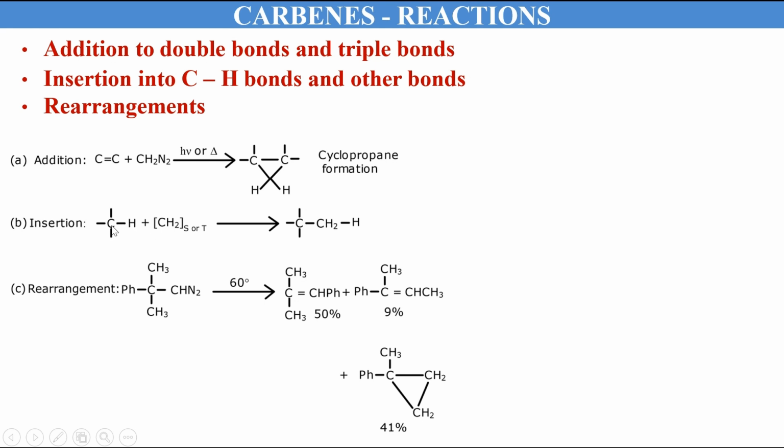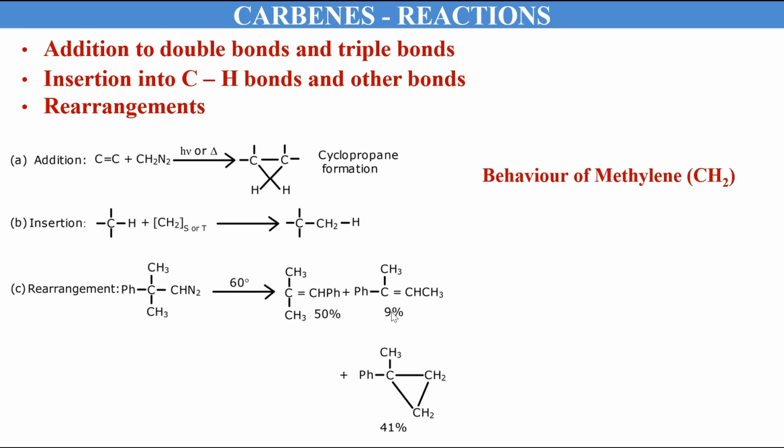It can get inserted into the C-H bond and give rise to chain elongation, or it can undergo rearrangement reaction by 1,2 alkyl shift or 1,2 aryl shift. Aryl has more electron richness, so it has more probability of shifting, that's why 50% of it can be the aryl derivative and only a smaller percent will be alkyl shift.